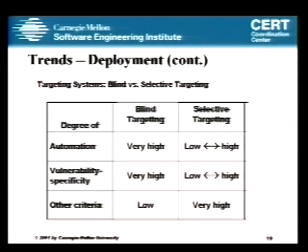Outside of automation, you can think about deployment in terms of how you are going to target which hosts you want to deploy tools on. You can split that somewhat into blind targeting and selective targeting. In the case of Code Red, it's very much blind targeting. The automation level is very high.